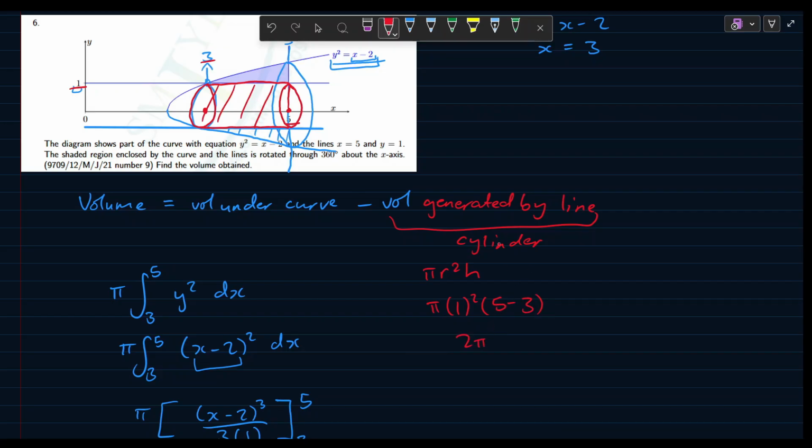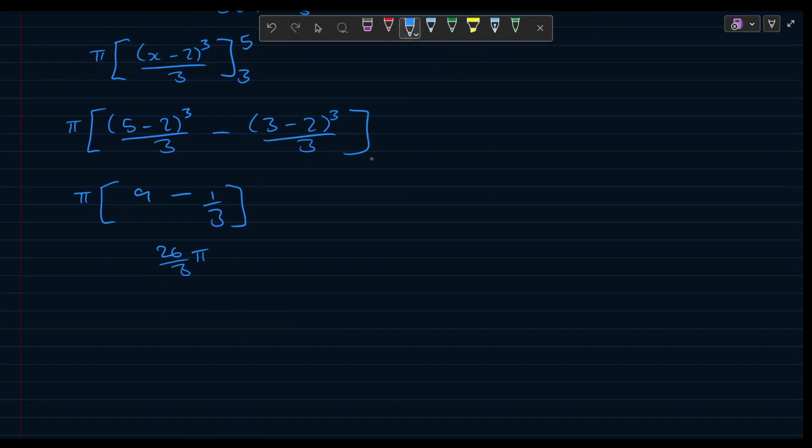So it means that the volume generated by the shaded region is 26 over 3 pi minus 2 pi. So the volume is going to be equal to, let's punch this into the calculator, 26 over 3 minus 2, that is 20 over 3 pi, units cubed if you will.